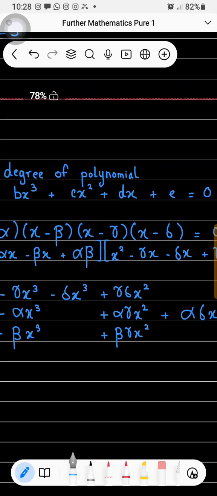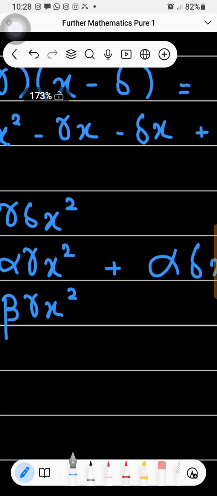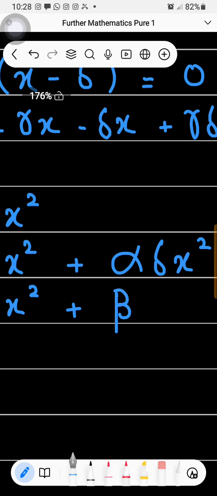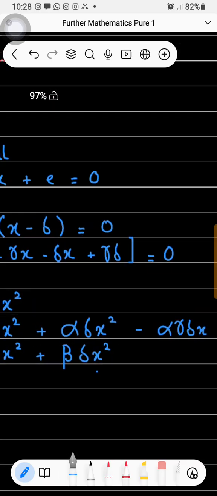Then I multiply minus beta x with minus delta x, it becomes plus beta delta x square. Then if I multiply minus beta x with gamma delta, it becomes minus beta gamma delta x.